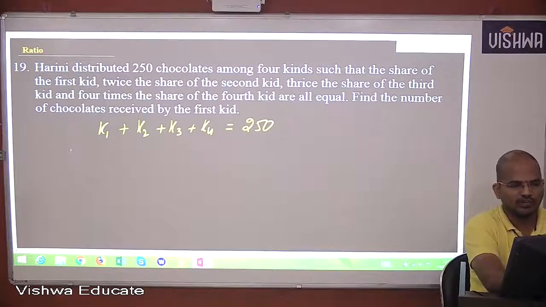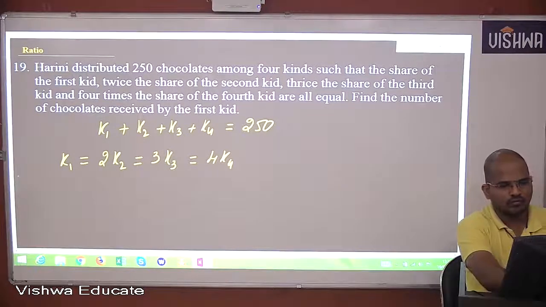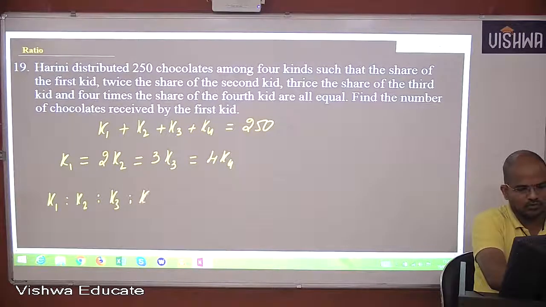As the share of the first kid is equal to twice the share of the second kid is equal to thrice the share of the third kid is equal to 4 times the share of the fourth kid. So to calculate K1 is to K2 is to K3 is to K4.